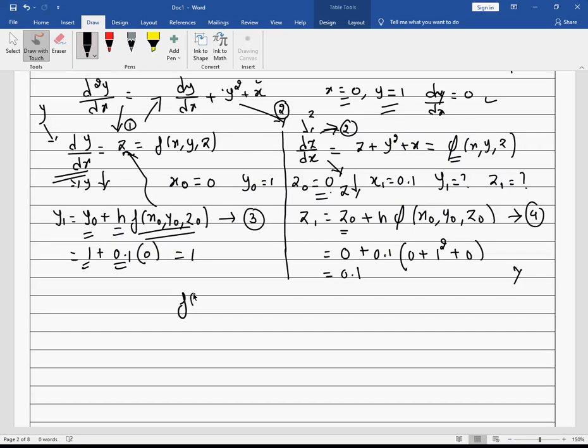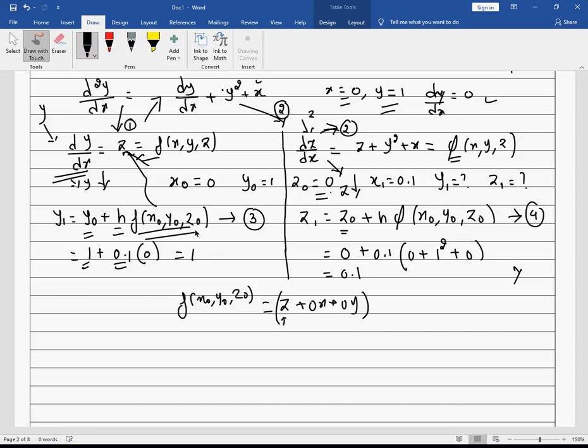But this f of x0, y0, z0, you could see this is equal to z. So this I can write as z plus 0x plus 0y. Okay, so coefficient of x and y here in this case is 0. So now if I want f of x0, y0, z0, I need to put only z0 value.